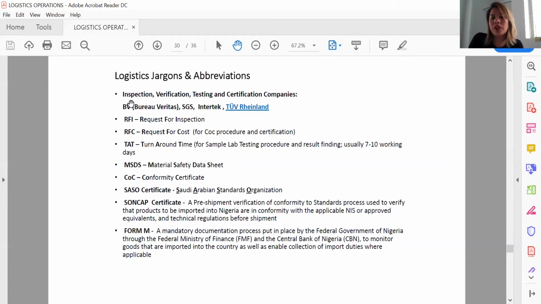You will have to involve third-party testing and certification companies like Bureau Veritas, SGS, Intertek, TUV. There will be additional payment for that, obviously. And the other jargons and abbreviations you can see here are RFI, RFC. There's a lot, yes. I can share these slides with you.